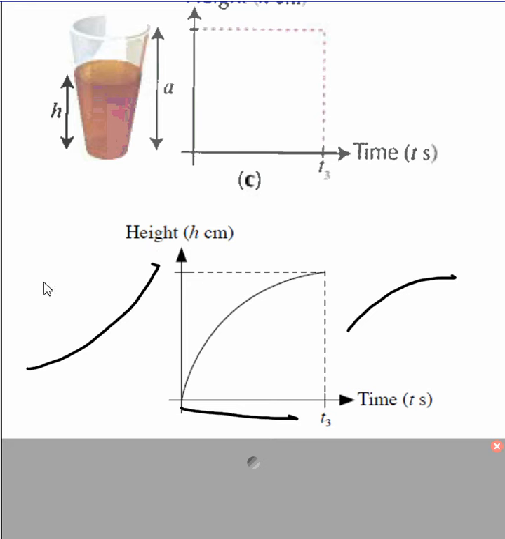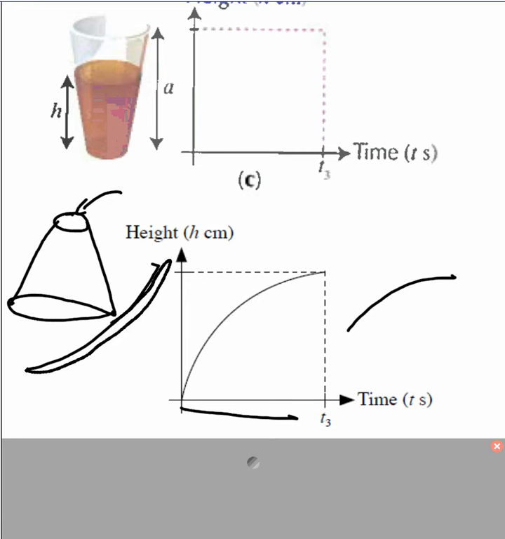If the same container I have taken is of this shape, for example, a container of this type, right? And you are pouring water from here, then the shape of the graph will be like this. Sorry for the double line, but it will be this shape. This means the rate of the height is increasing as time is passing.